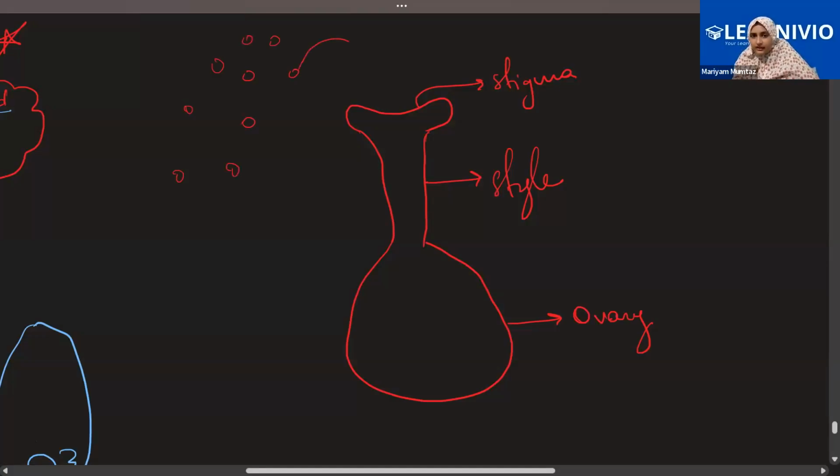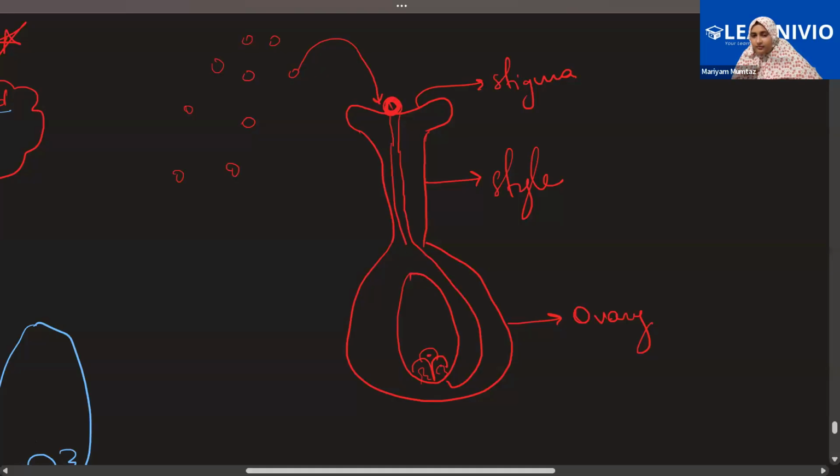These pollen grains will land on the landing platform, that is the stigma. Inside the ovary, the ovule is present and then the embryo sac, just like this. And this is the filiform apparatus. Now this pollen grain will germinate and develop a tube, and this tube will be carried like this.